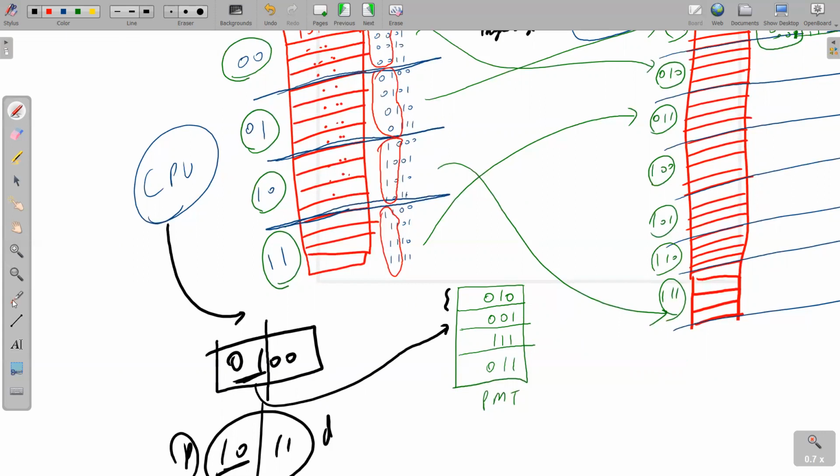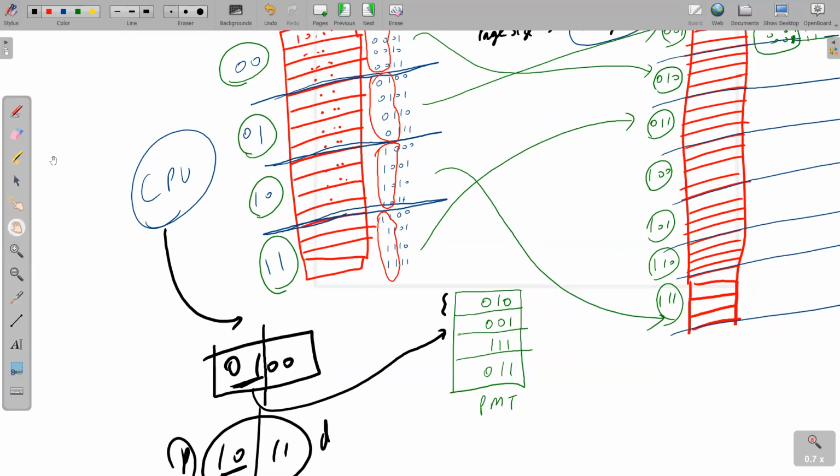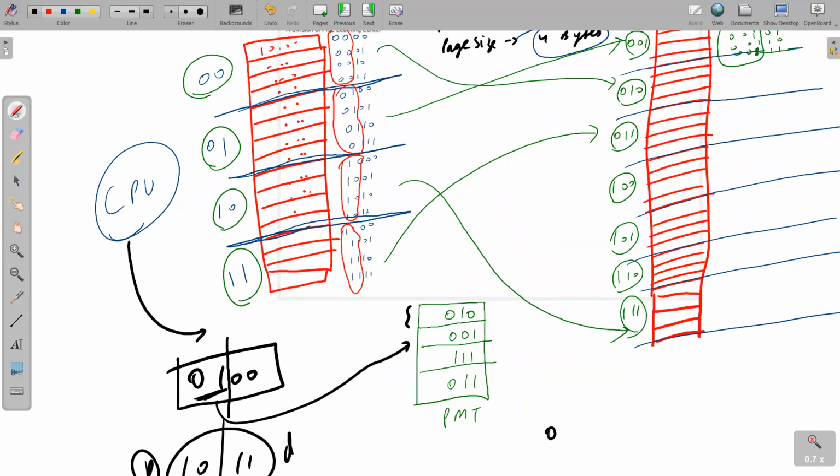These are the frame numbers which we have kept. What is this page map table? It stores which page of a process goes to which frame in main memory. So you have kept 001 here. So I will simply replace 01 with 001. Then 00 will be copy-pasted as it is.